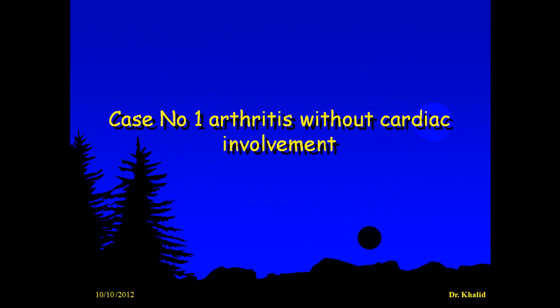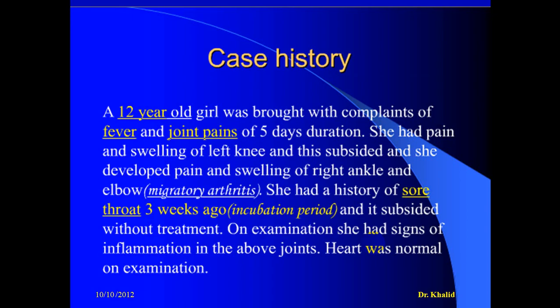We will provide you 3 scenarios of acute rheumatic fever with different presentations. Please do reporting and write back to us with your report. First case is arthritis without cardiac involvement. This is the first scenario.